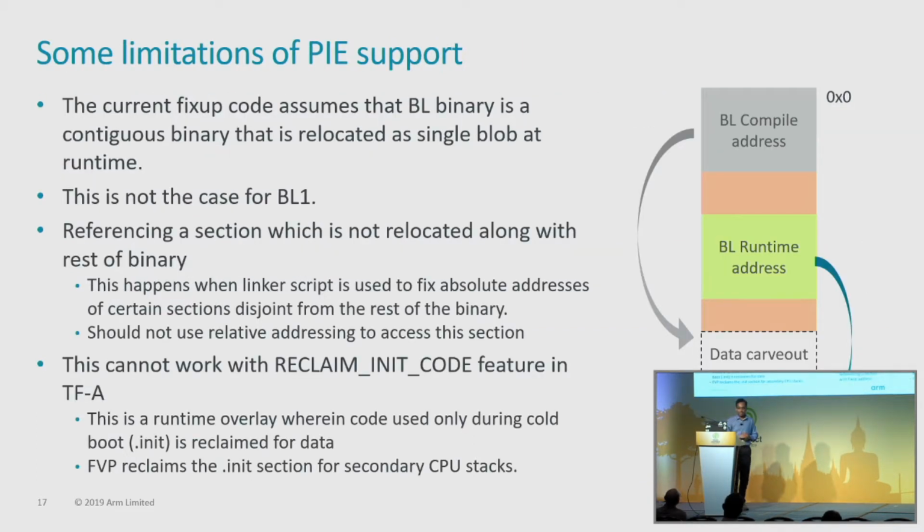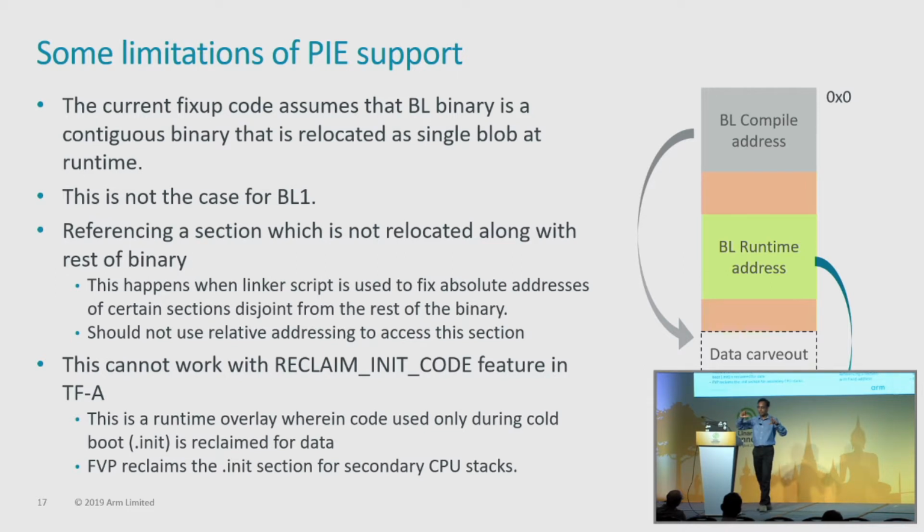Some limitations of the current fixup code in TFA. The fixup code assumes that the BL binary is a contiguous binary that is relocated as a single blob at runtime. This is not the case for BL1. BL1, as you know, starts executing from ROM. The text and the read-only sections are in ROM, and the data has to be copied to RAM at runtime.